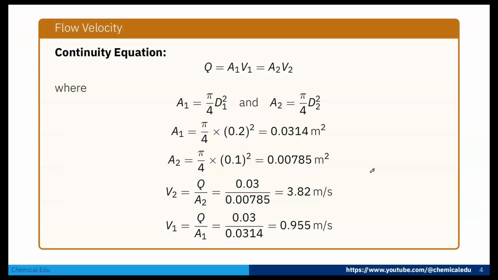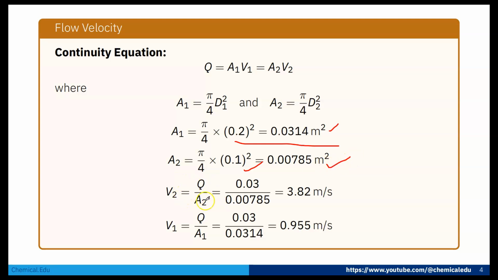Now here first we have to apply the continuity equation. Q is equal to A1 V1 is equal to A2 V2. A1 is pi by 4 D1 square and A2 is pi by 4 D2 square. A1 we can calculate, pi by 4 into 0.2 whole square, so that is 0.0314 meter square, and A2, pi by 4 into 0.1 whole square, that is 0.00785 meter square.